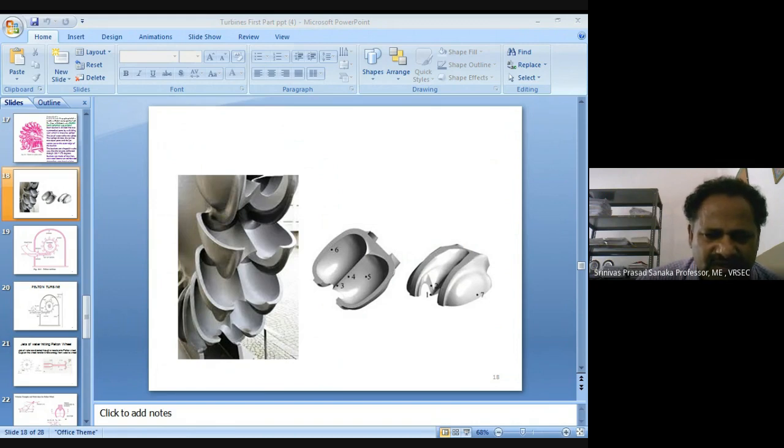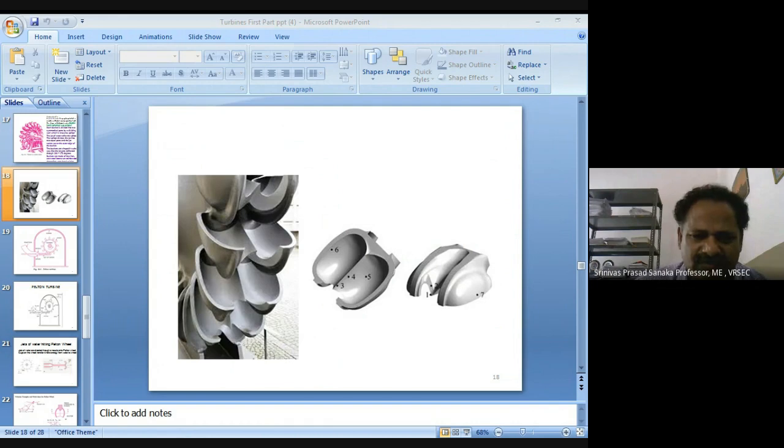Here it is having a splitter. The splitter function is it will split the jet into two halves. The jet will come and impinge on the splitter. Splitter is nothing but this separation line. When the jet comes, it is divided into two halves because of the presence of the splitter.